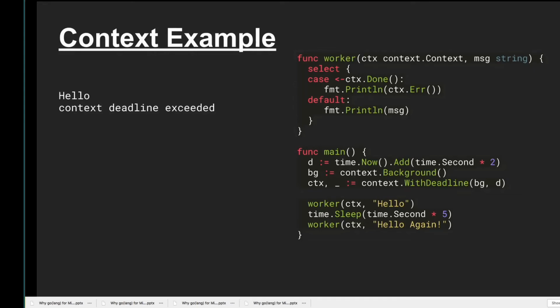Then we call worker with the context and "hello", which prints hello the first time. And we wait for 5 seconds, so the context has expired. Then we call again with the context. This time, in the select block, the worker knows that it should abort because it's taken too long. The context has finished, and so the worker prints out "context deadline exceeded".